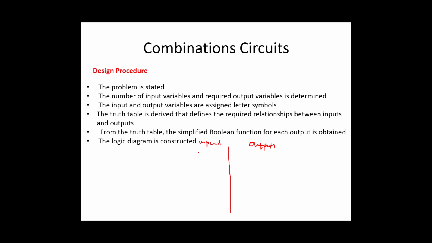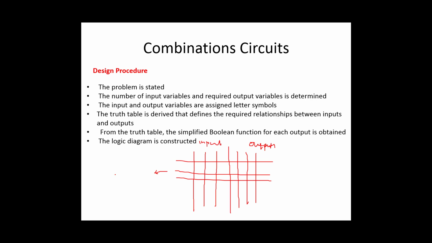So if there are n inputs, then it has n input columns, and if there are m outputs, then it has m output columns, and the total number of rows in the truth table is equal to 2 raised to power n, and each row corresponds to a unique input binary combination, usually starting from 0 0 0 up to all ones.